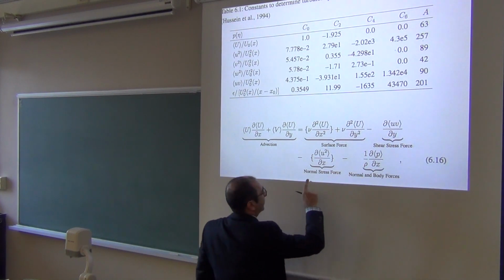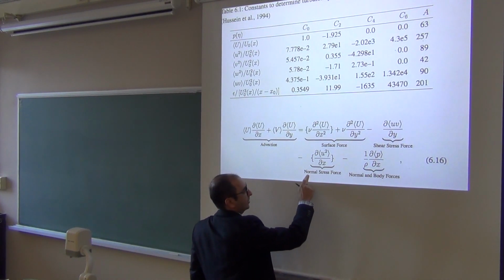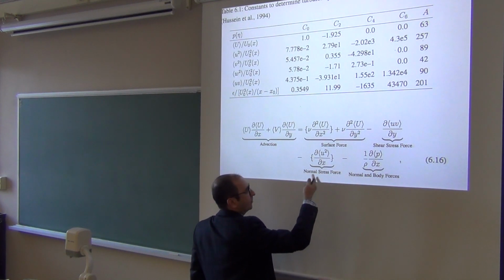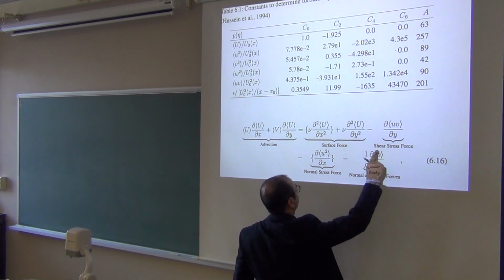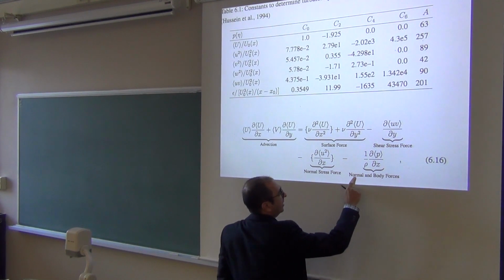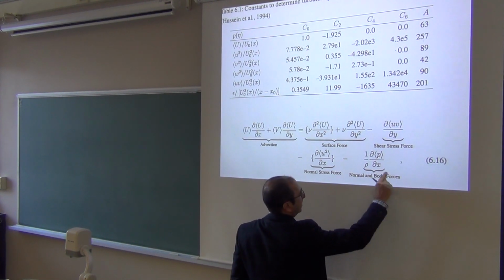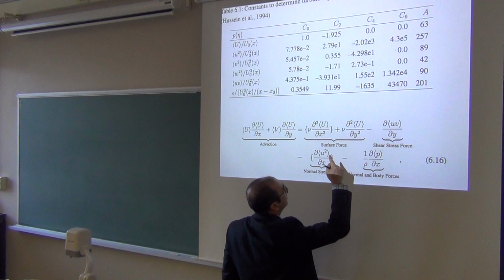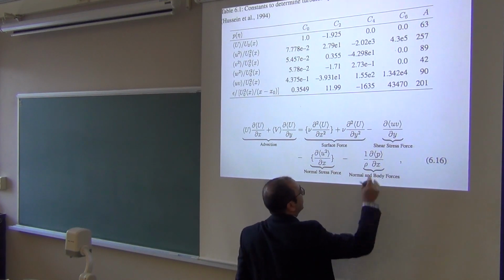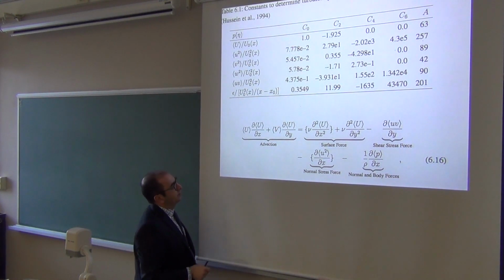It's there. There's another component of the Reynolds stress term here. Of course, Reynolds stress contains both shear and normal forces. And finally, I have the normal and body forces. There's no body force here because I'm ignoring gravity, but I could have gravity here too. So these are all the terms.